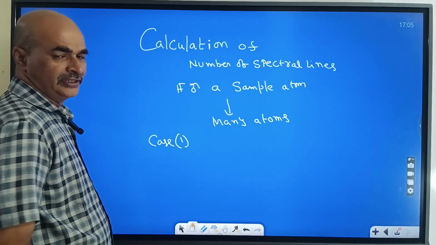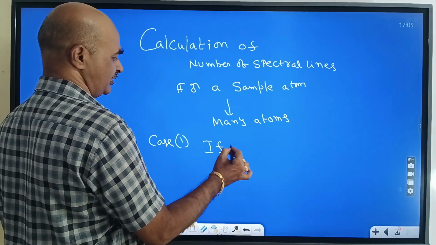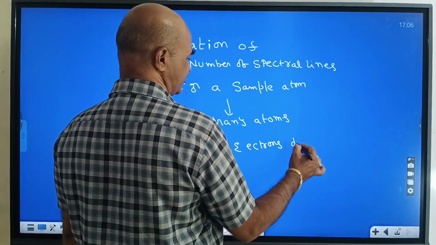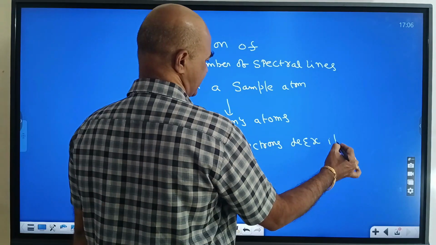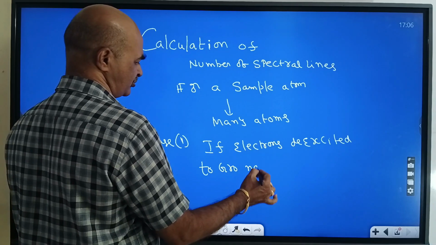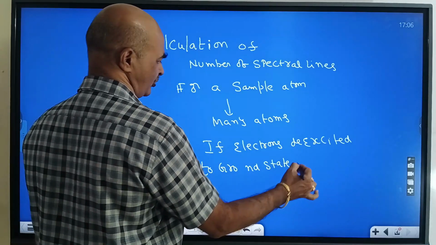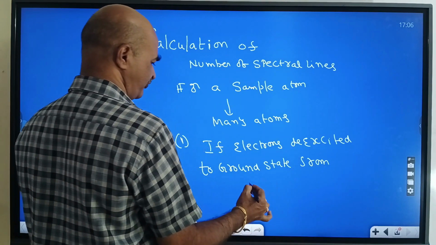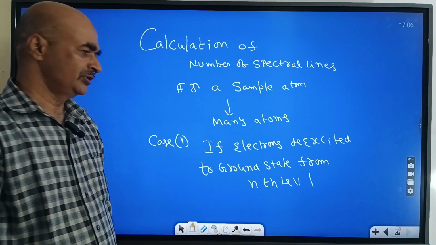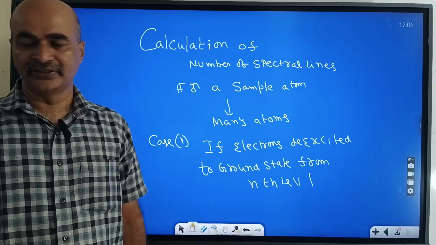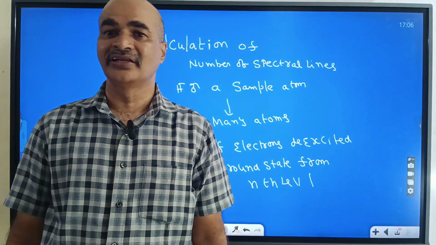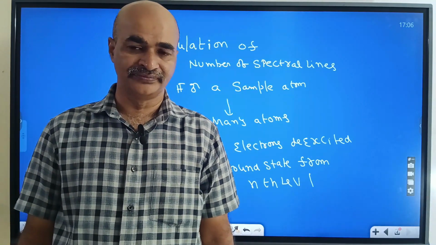Case 1. If electrons de-excite to the ground state from the nth level, how many spectral lines are formed?